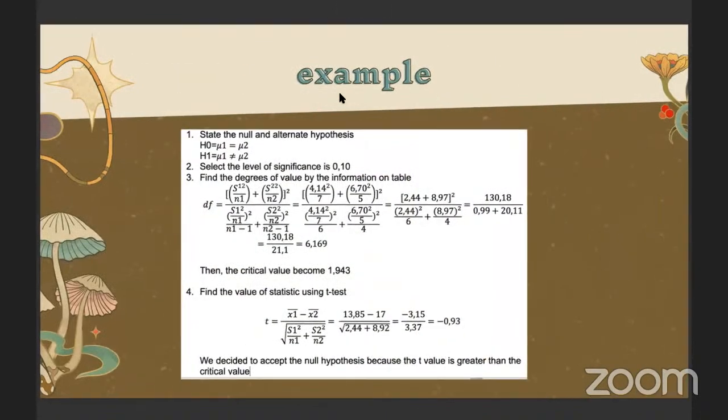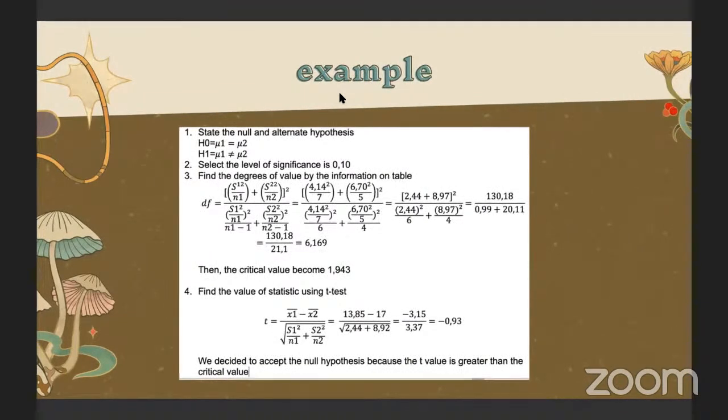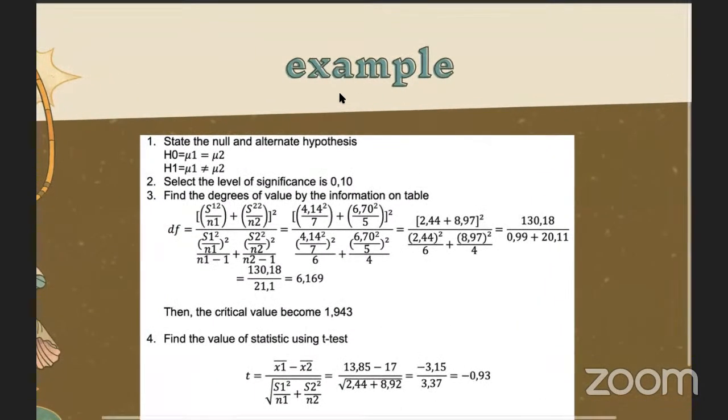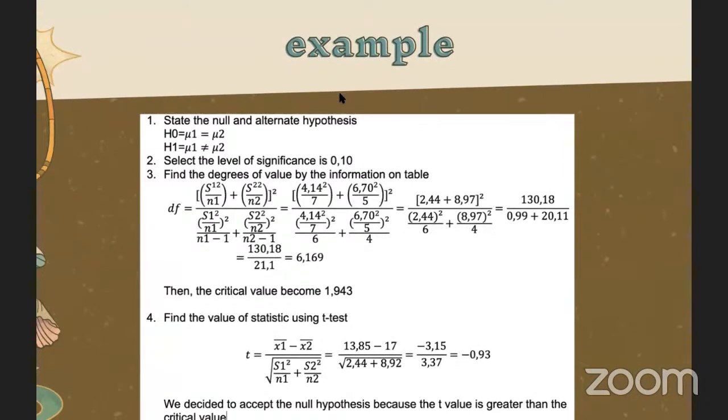Firstly, we must state the null and alternate hypothesis. Here are the null and alternate hypotheses. And then we must find the degrees of freedom from the information in the table.